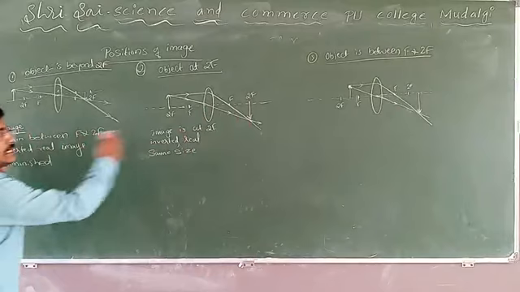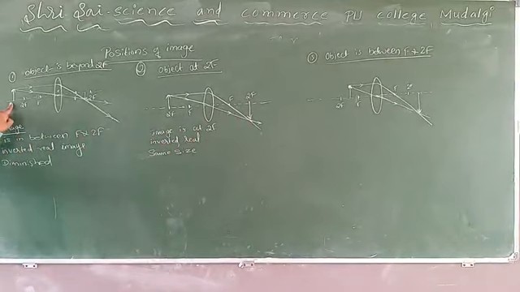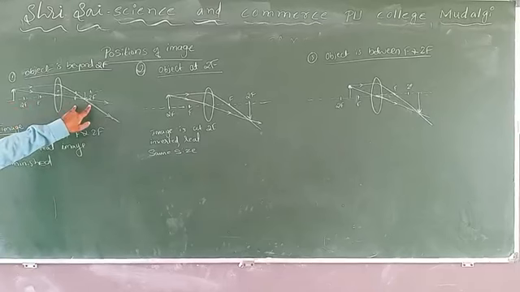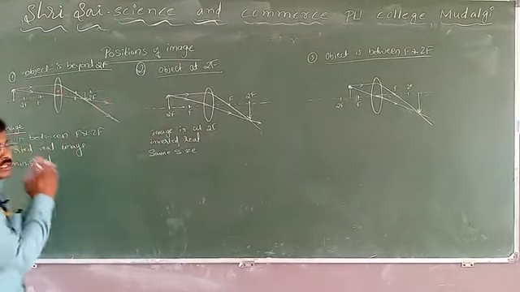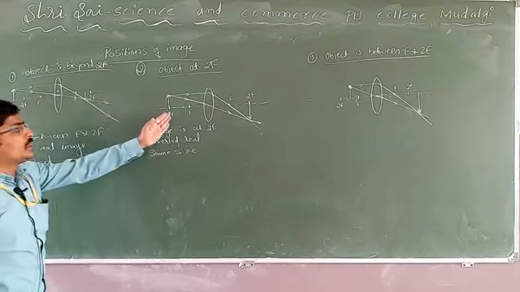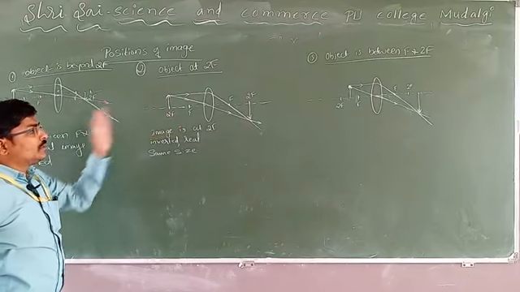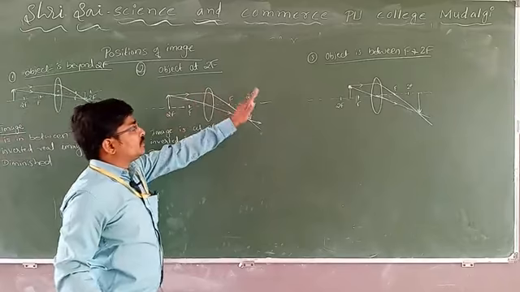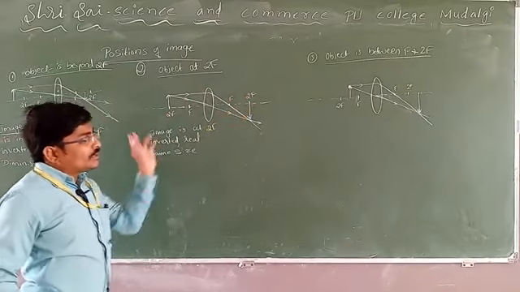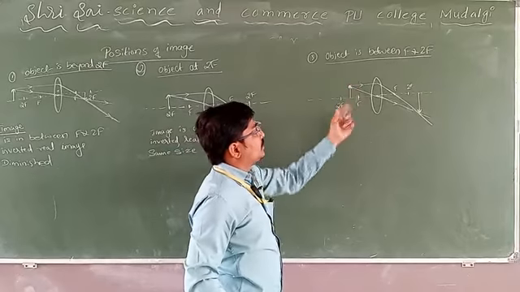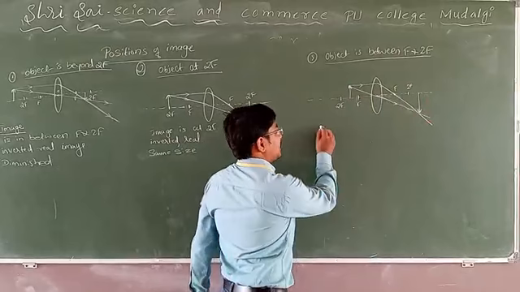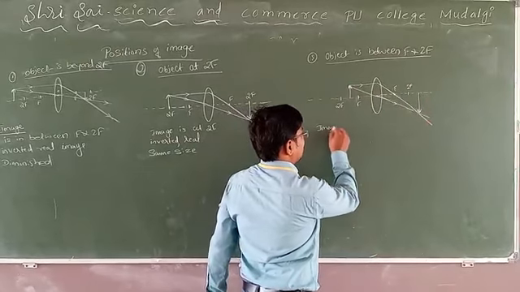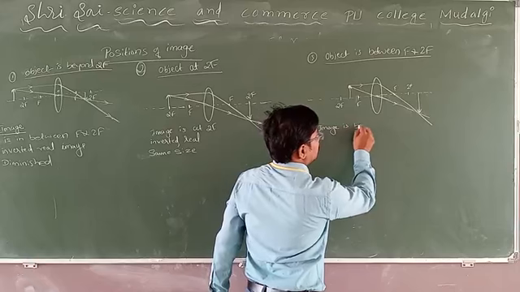If you compare these three cases, initially I kept the object beyond 2f, image is in between 2f and f. Next, I moved the object to the position of 2f, then the image also shifted to 2f. Once again I shifted the object in between f and 2f, the image also shifted. Again the image is beyond 2f.